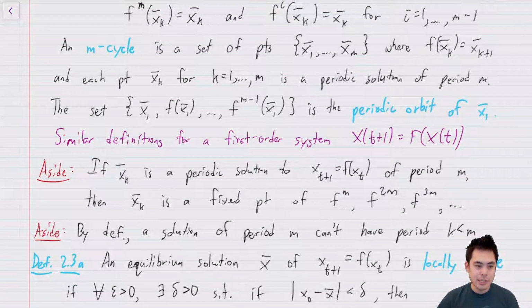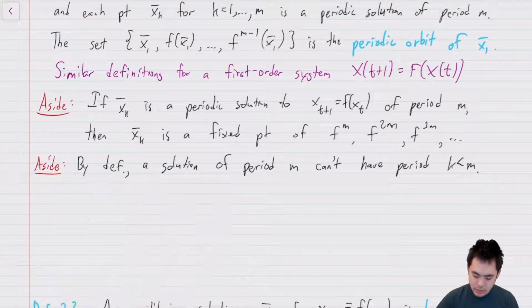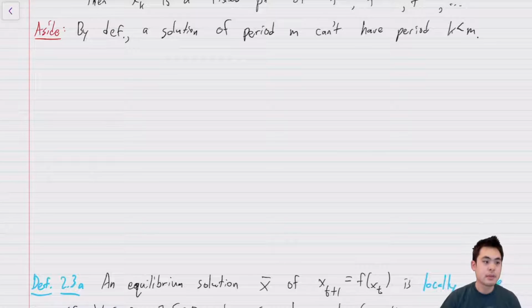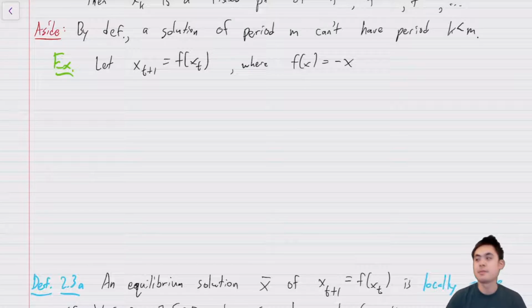And let's give a couple of examples of these. So let's actually compute some of these. And let's start with an easy example. Let's suppose that we're going to let x sub t plus 1 be equal to f of x sub t, where f of x is equal to minus x.